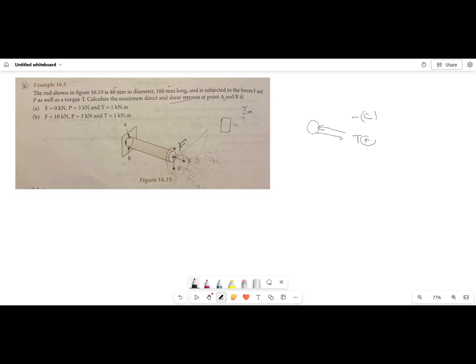It is very, very important. So in this case you can see that force F is positive. It's tensile. It's pulling away. Now, I want to ask you all a question. What do you think P is doing?